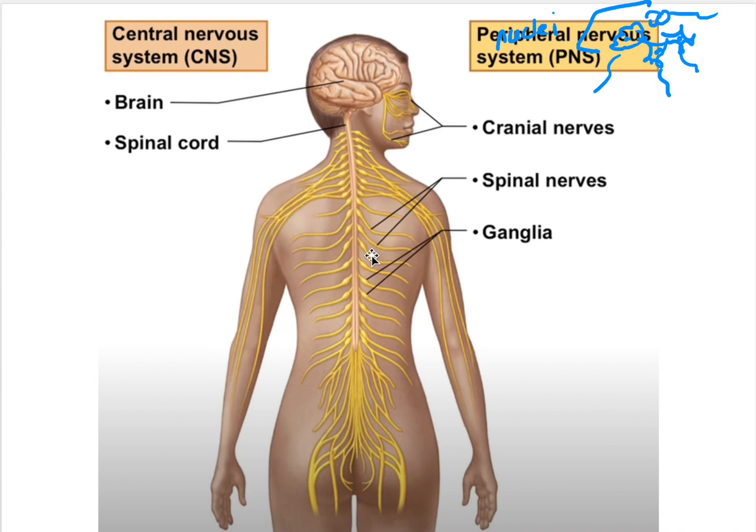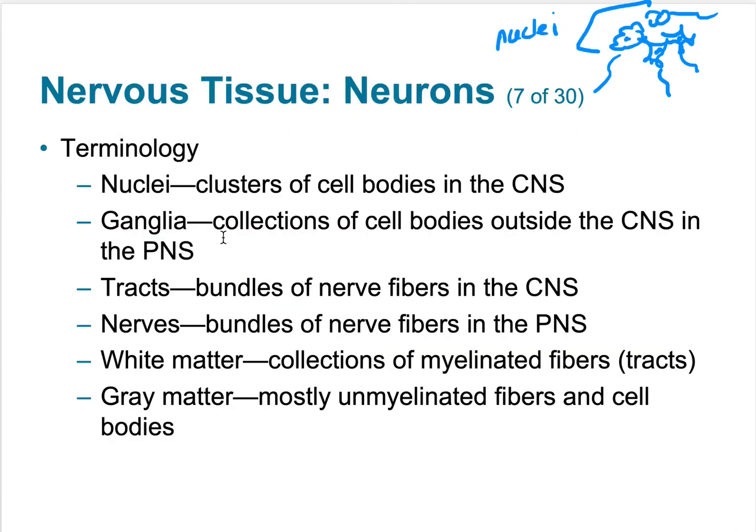They're just a bunch of little cell bodies with the nuclei, and they cluster together, and that's called a ganglia. So in the central nervous system, it's called a nuclei. In the peripheral nervous system, it's called a ganglia. Clusters of cell bodies in the central nervous system is a nuclei. Clusters of cell bodies that are outside the central nervous system, in the peripheral nervous system, are called a ganglia.